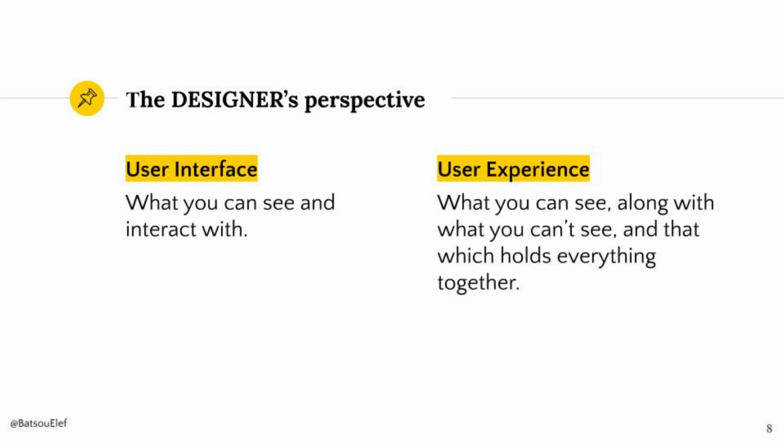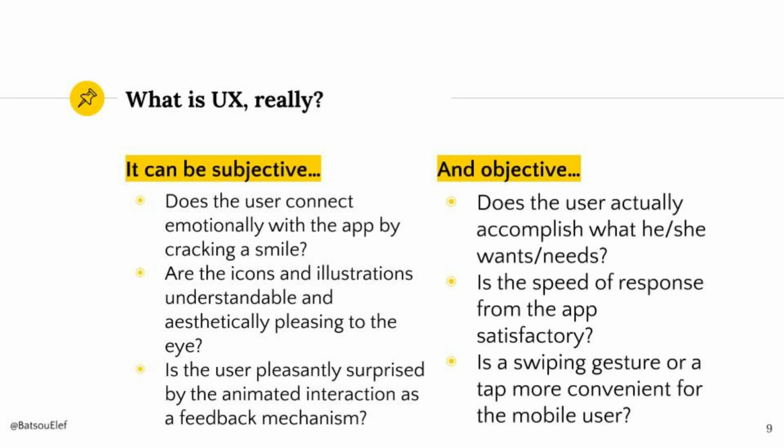So now let's try to go a little bit deeper and explain what UX really is and maybe also why it's so important. UX is a really abstract term that holds a lot of other terms or subjects in it.